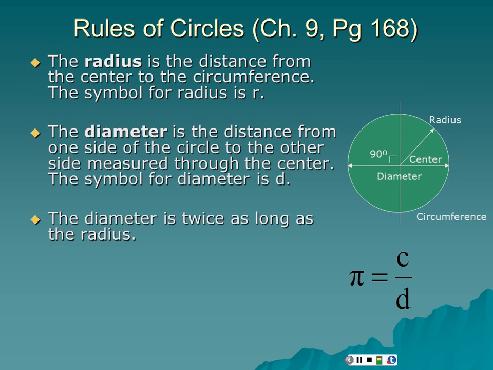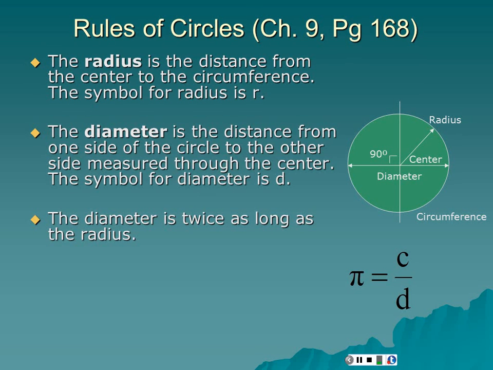And the diameter is the distance from one side of the circle to the other side measured through the center. So from this side, you see this long line. Remember, diameter means you go from one side of the circle to another side, passing through the center. So if you look at this line, it's passing through the center, right?